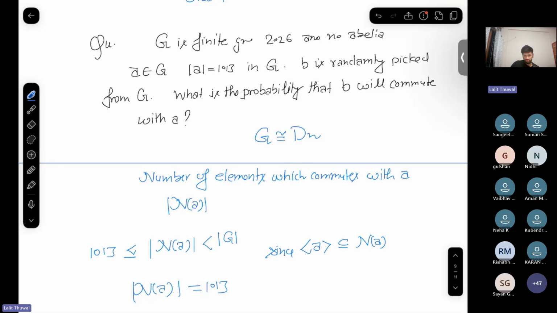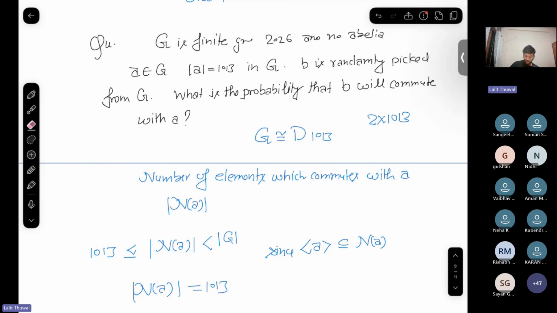So this will tell you that the order of N_A is strictly less than the order of G. Why should it be isomorphic to D_1013? Because there are only two groups of order 2p. 2026 is equal to 2 times 1013. If it is non-abelian, then it's dihedral. If it is abelian, then it's a cyclic group of order 2p. So it's a dihedral group.